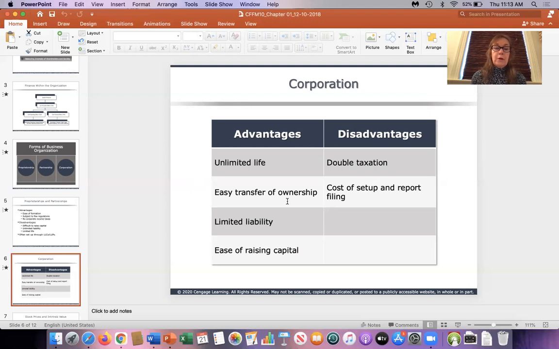All right. So you have limited liability with a corporation because as a shareholder, you're a part owner, but your liability is limited to what you've put in. Let's say I own one share of Apple for $300. Fast forward maybe 60 years and Apple is going bankrupt. It could happen.